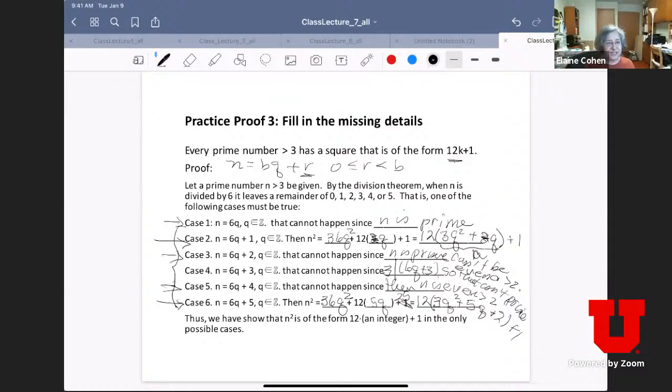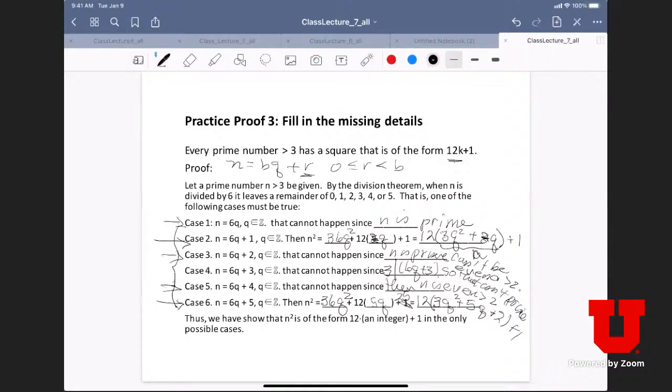What that says is if it's a prime number greater than 3, it has a square of the form 12k plus 1. So you're starting out with the hypothesis that it's a prime number greater than 3. It does not say the converse. It doesn't say that all integers whose squares are of the form 12k plus 1 are prime.